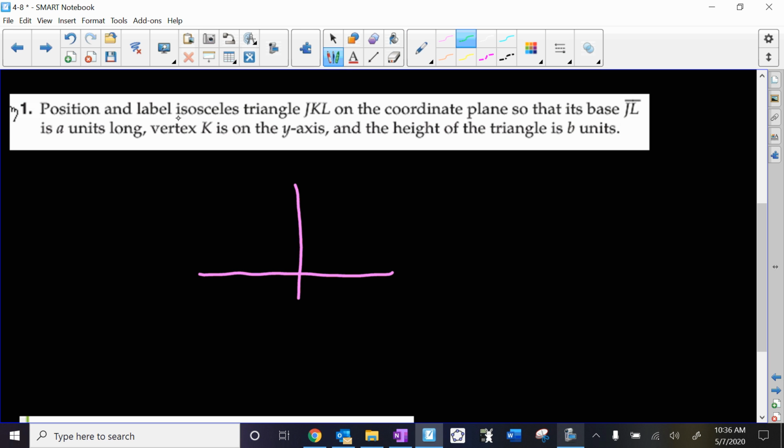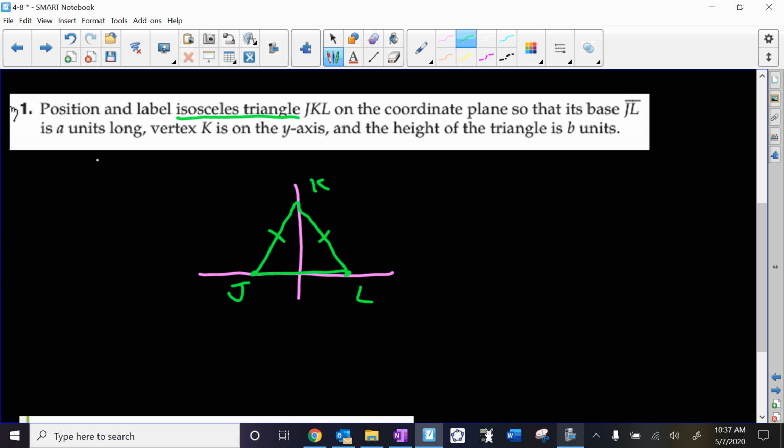We have an isosceles triangle. I'm going to draw an isosceles triangle out of here. Isosceles meaning I have 2 sides congruent. And it also tells me now that I have a base JL, so that means J and L have to go down here. And then point K then has to go up at the top.